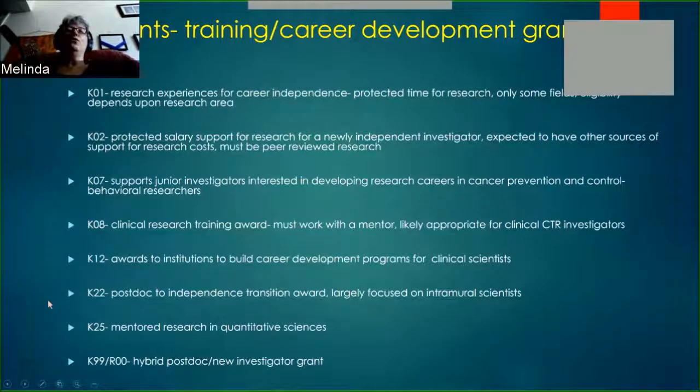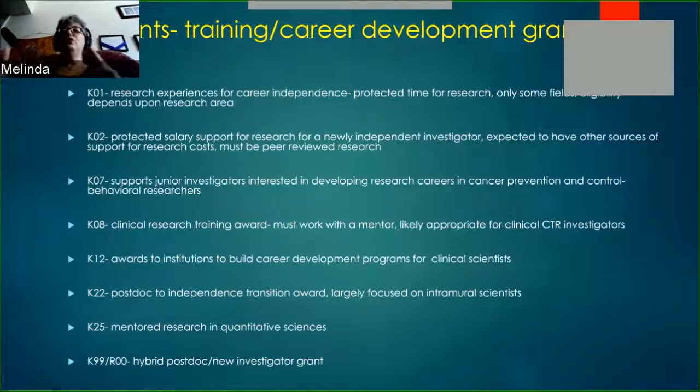There's also, for people who are in postdoctoral positions, the K22. But the K22 is really for people who are doing their postdoc at the NIH. You might find the K99 to R00 mechanism more appropriate. So if you're a senior postdoc, let's say you're 3 years into your postdoc, the K99 R00 mechanism allows you to write a hybrid grant.